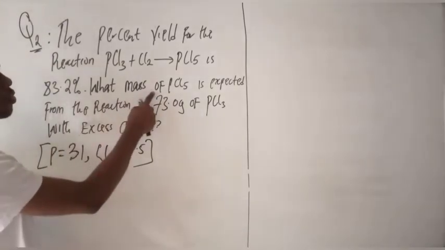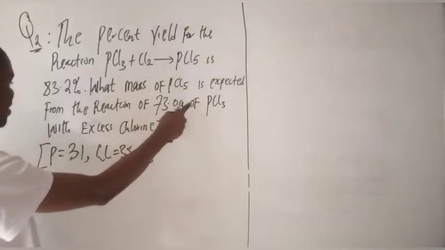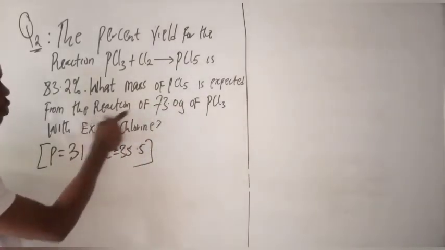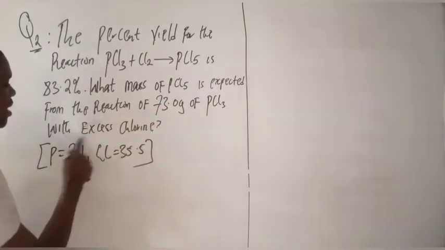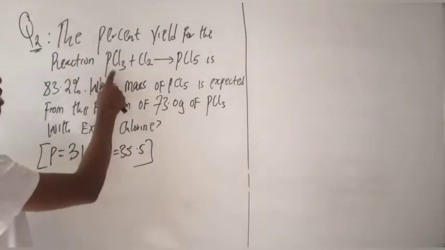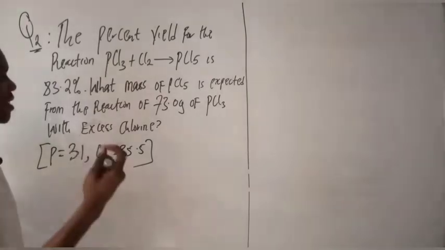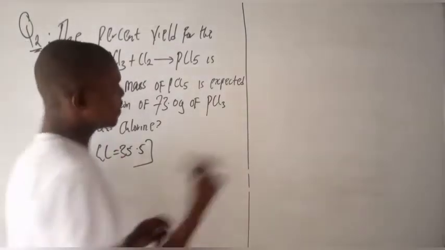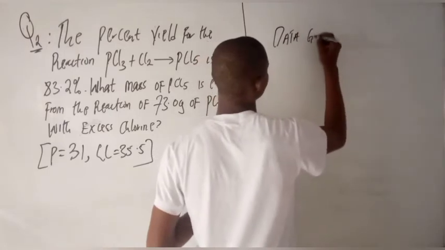What mass of phosphorus pentachloride is expected from the reaction of 73.0 gram of PCl3 with excess chlorine? If you look at the reaction, PCl3 is the limiting reactant, and chlorine is the reactant in excess. The percentage yield is given to you, so first write out the data given.